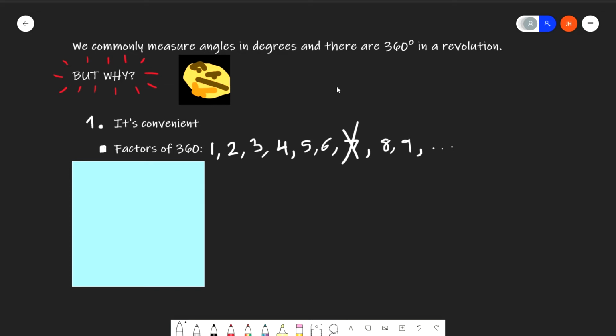The interesting thing here is that if you have a unit of measurement, like you want to measure circles and angles and such, it does come in handy when you're working with it, especially for things like engineering and drawing up plans. It comes in handy to have one full circle be some value which is very easily divided into whole numbers, right? So that's why it's convenient for there to be 360 degrees in a circle.